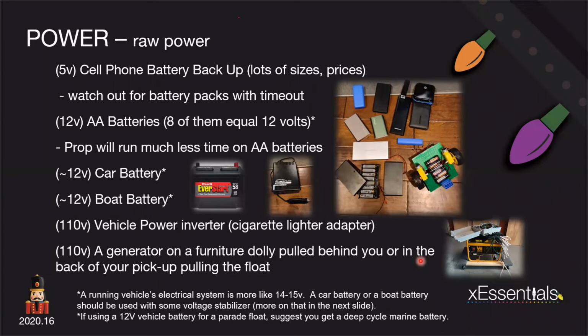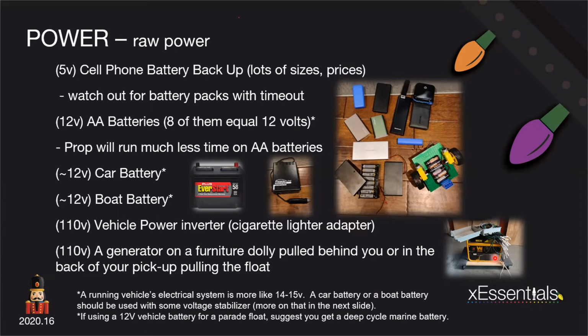If you're really adamant about having 110 volts because you want to run off of mains, and I apologize to those folks where 110 volt is not mains, I realize there may be some people from other countries. This presentation was designed from a US-centric basis, and I apologize.